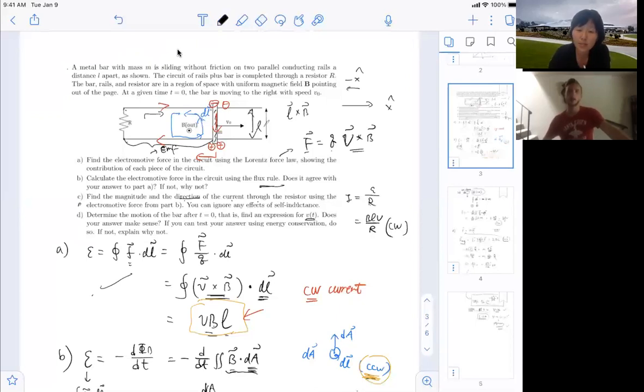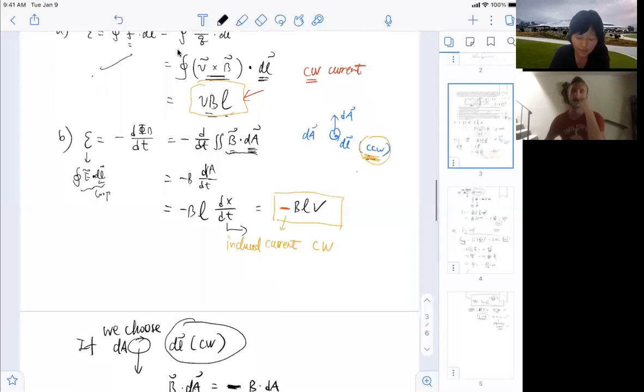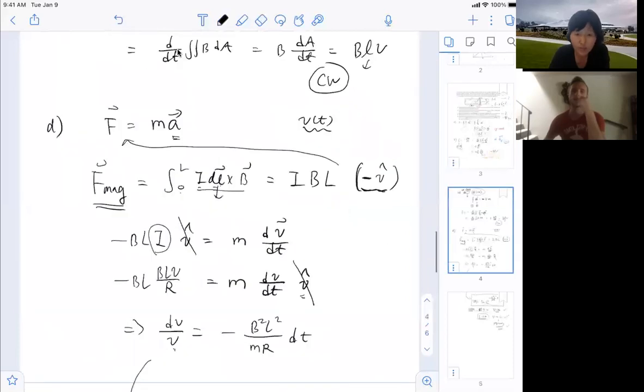If I were to ask you to calculate the external force so that it will move with a constant velocity, will you be able to calculate it? So for this problem, if I said the bar is moving with a constant velocity v naught, what is the external force? Can you answer that question?